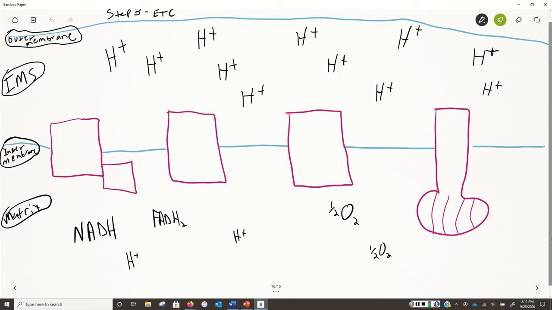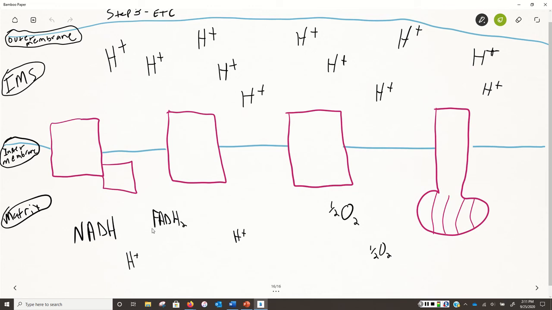Now, down at the bottom in the matrix, we see all of that NADH that we've been producing and all of that FADH2 that we've been producing. Because even though it looked like we were following the carbons, they were not the most important players.